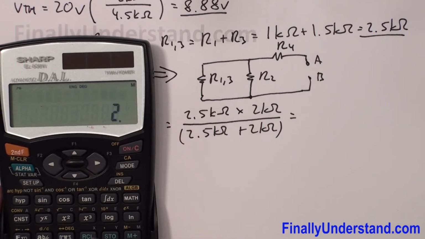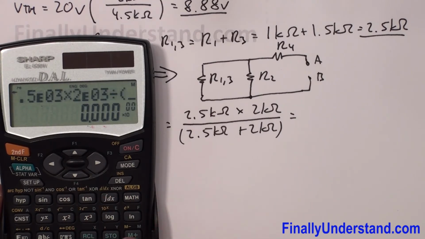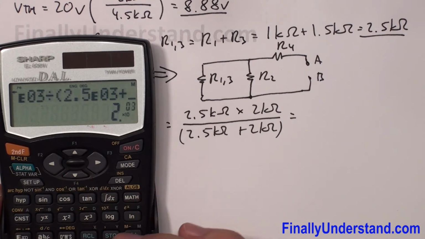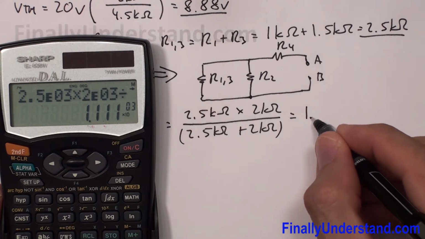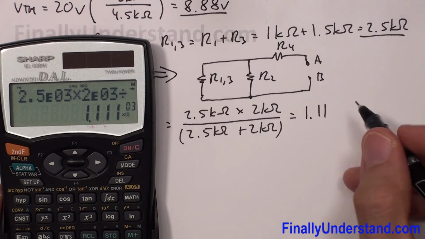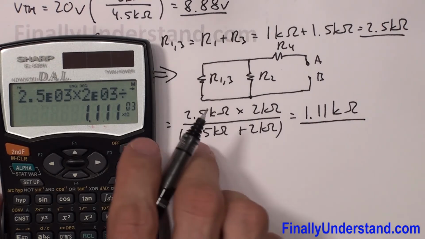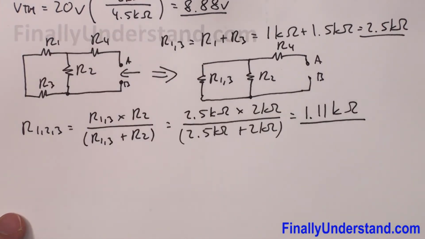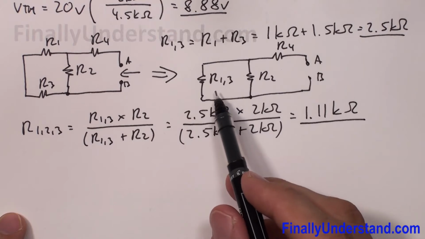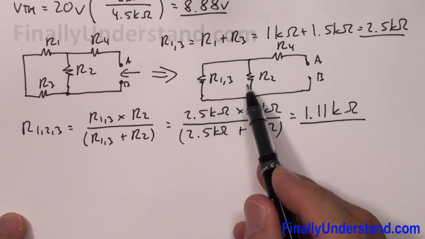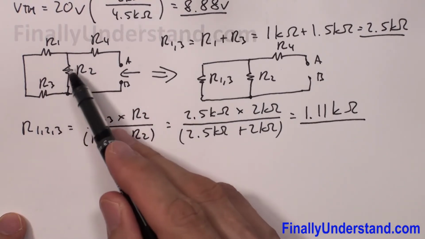I have 2.5 exponent 3 times 2 exponent 3 divided by open parenthesis 2.5 exponent 3 plus 2 exponent 3. This is equal to 1.11 kilo ohms. So this is the resistance which simply represents these three resistors together.